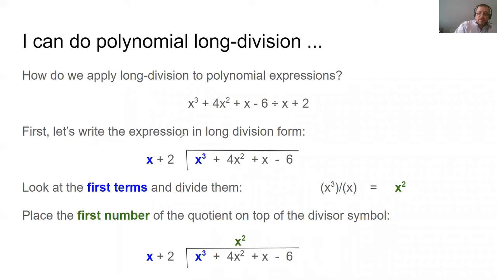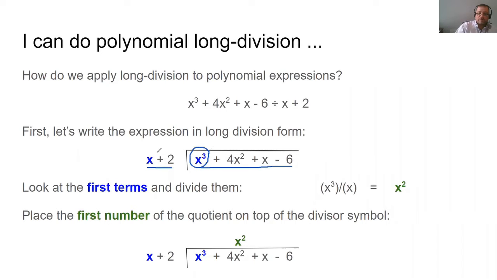So first, I write the expression in long division form, which means here's my dividend right here. My dividend is right there. This is my divisor. Here's my division symbol. Okay. And then I look at this first term.